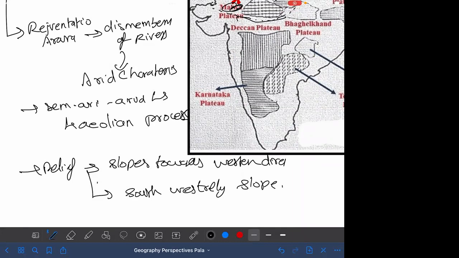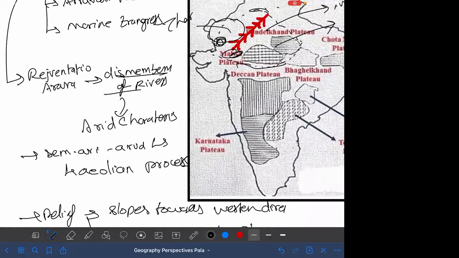There was a point that the Thar desert platform was not a desert per se earlier. It was a relatively fertile and water rich area, but this dismemberment of rivers started to happen after the rejuvenation of Aravalli, and over a period of time the rivers changed. The main river was Saraswati, and Yamuna has done a river capture.